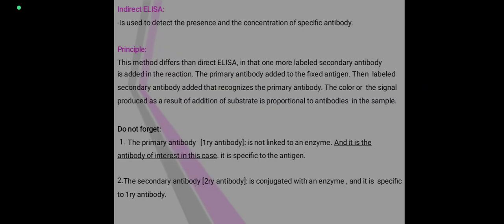An indirect ELISA is used to detect the presence and concentration of specific antibodies. In an indirect ELISA, the principle mainly depends upon one more labeled secondary antibody being added in the reaction. The primary antibody is added to the fixed antigen, then the labeled secondary antibody is added to recognize the primary antibodies.